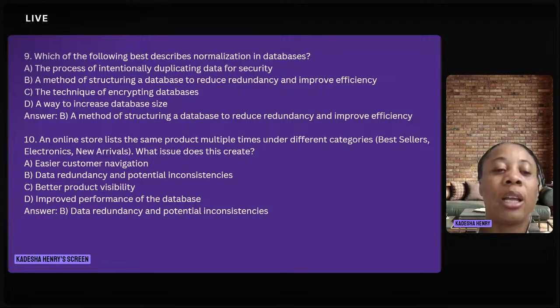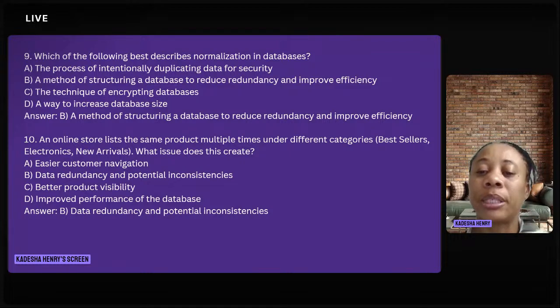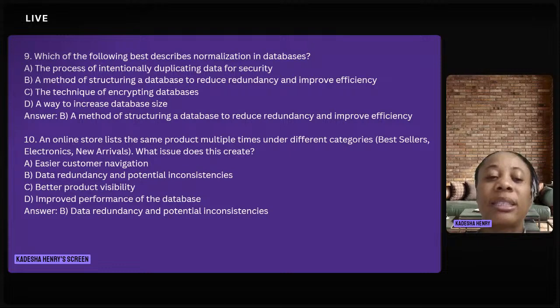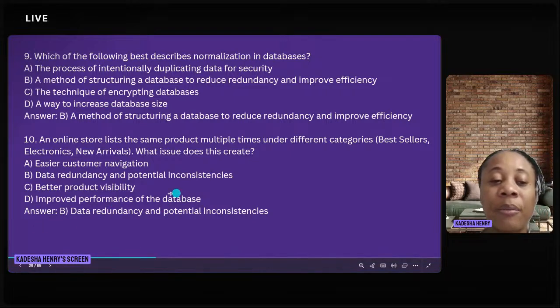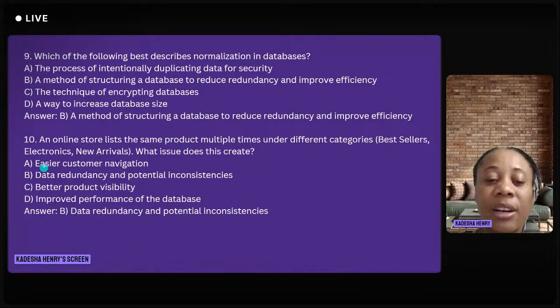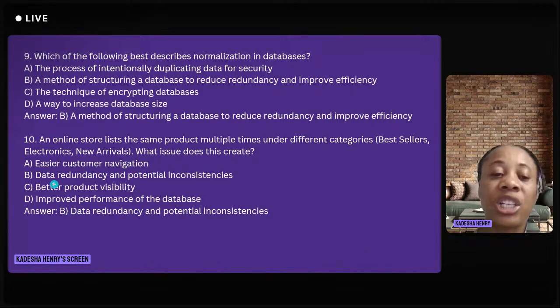Next question. An online store lists the same product multiple times under different categories, right? Best-selling, electronics, or new arrivals. What issue does this create? They're having it multiple times in different places. So is it A, easy customer navigation?